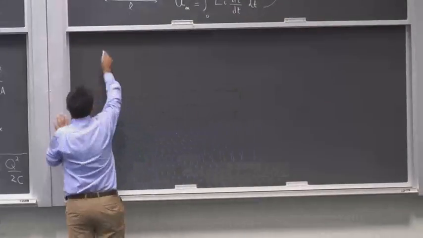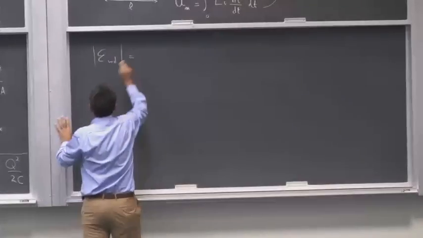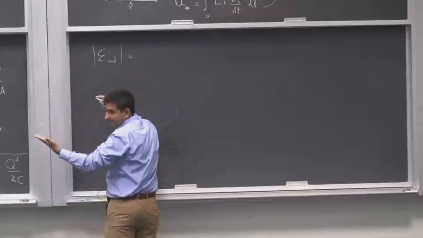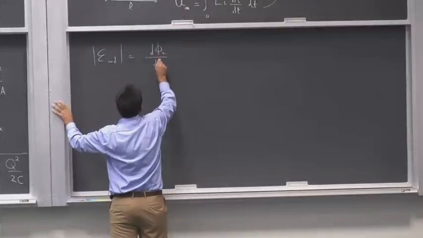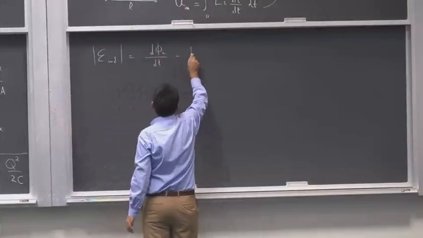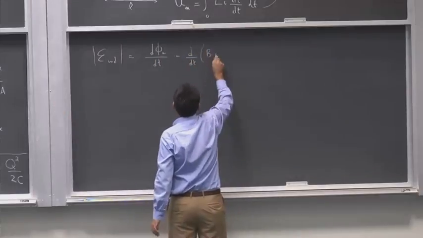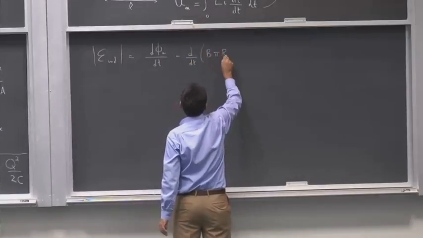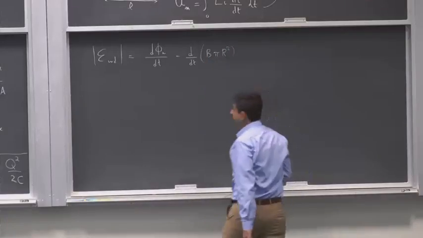We know that the induced EMF, its magnitude given by Faraday's law, is d phi magnetic by dt. Now this is d/dt of the magnetic field times the cross-sectional area, which is pi capital R squared. Now this B depends upon time because the current is changing with time.